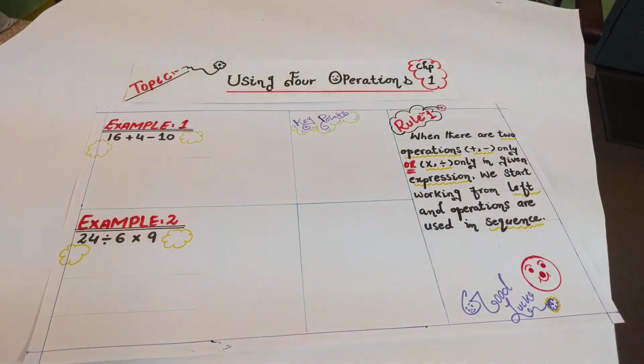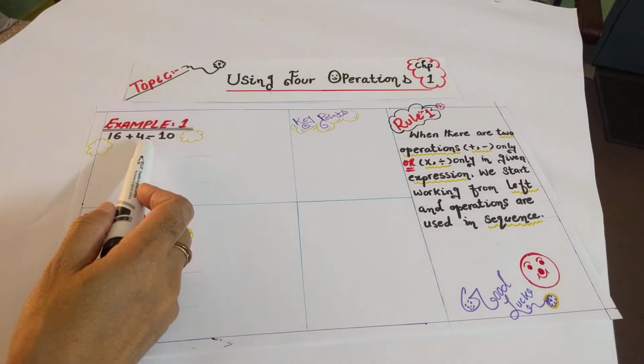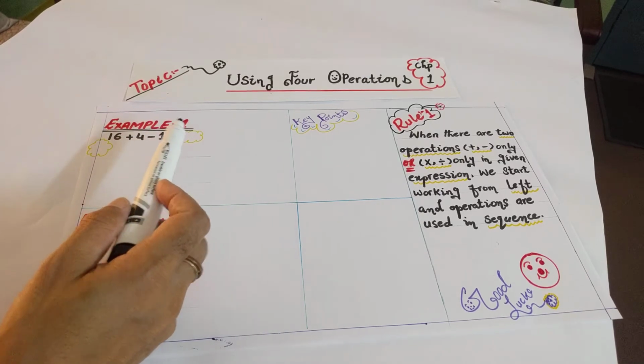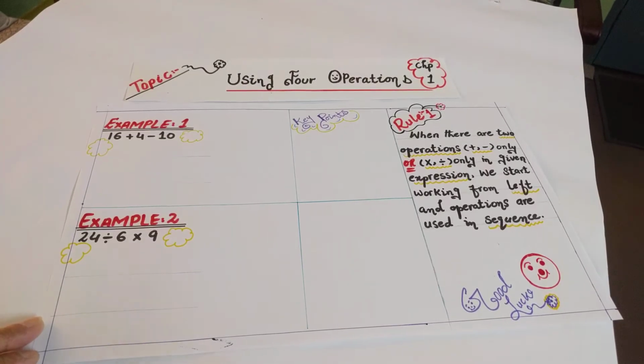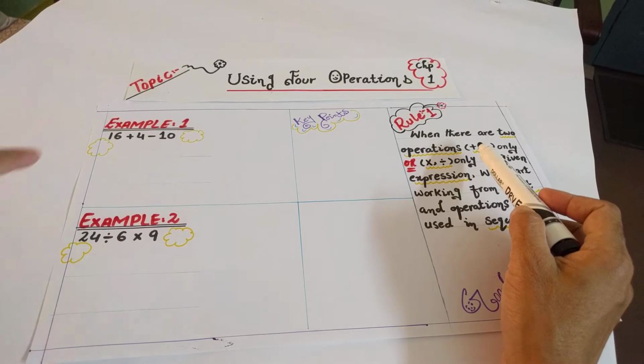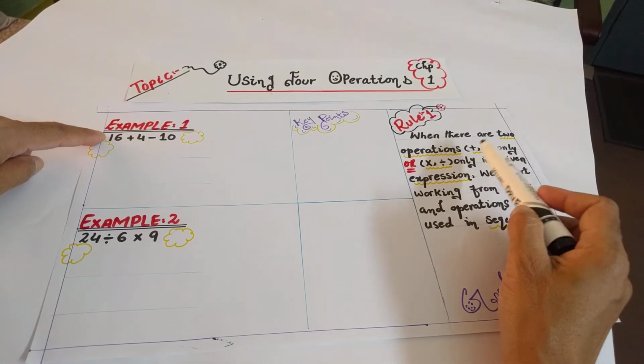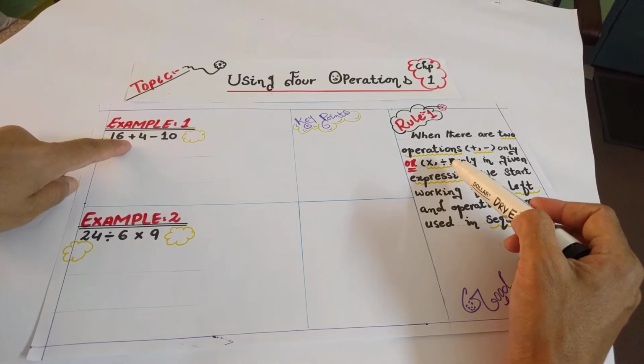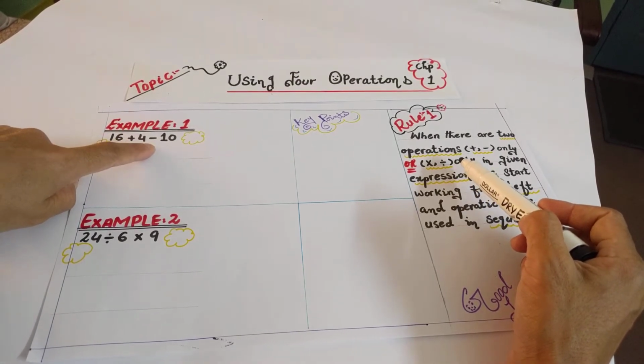Example number 1 is 16 plus 4 minus 10. Now, according to the rule, firstly, you will check what the signs in your expression are: plus or minus or multiply or divide. Now, there are plus and minus.